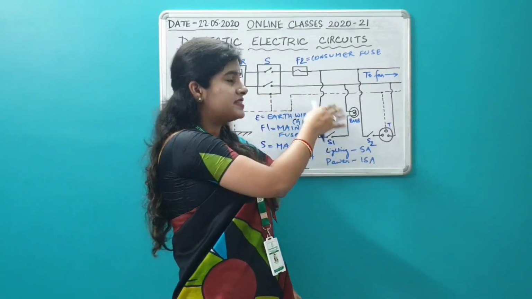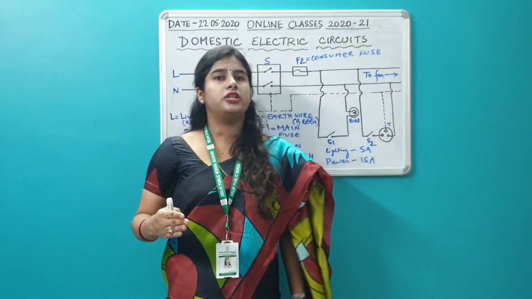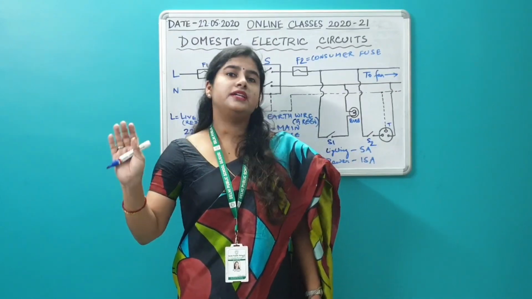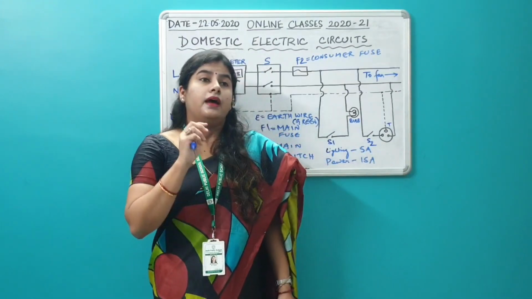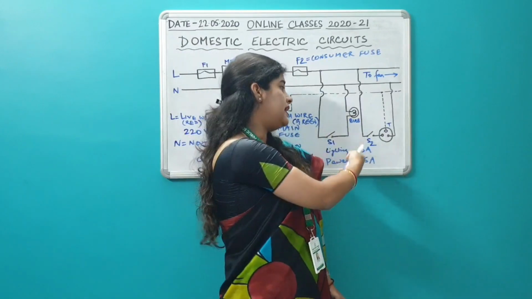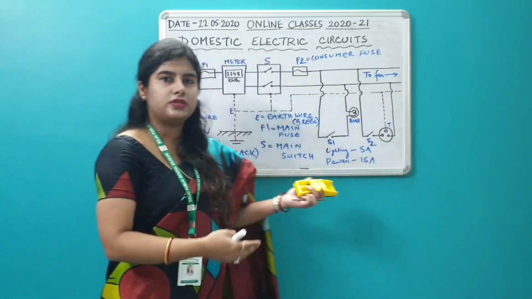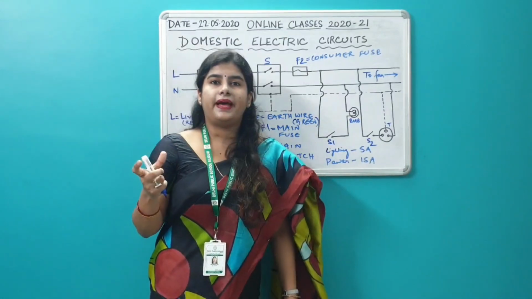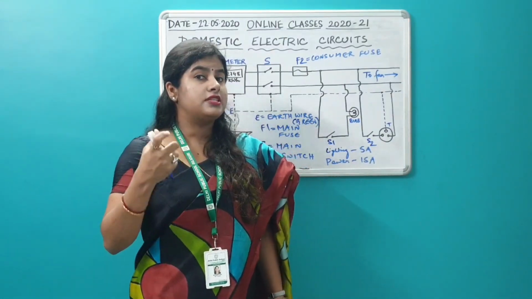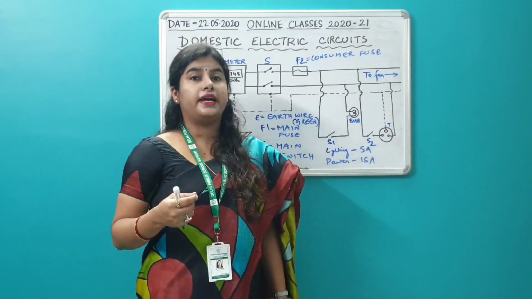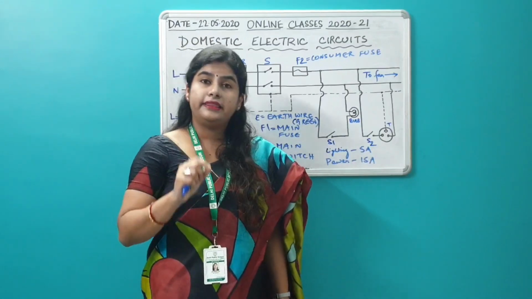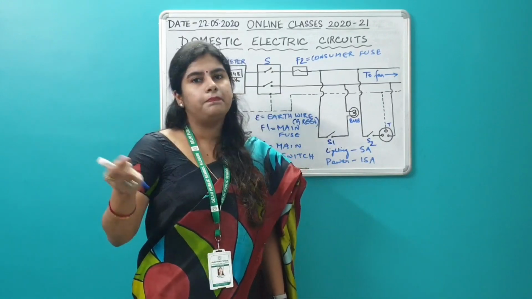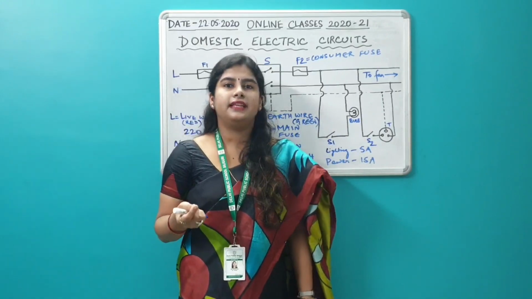Most of the appliances, in fact all the appliances, are actually connected in parallel, and each of them has separate switches. Apart from these different fuses that we have, those appliances which draw a huge amount of current, connected to the power circuit, individually have fuses present inside the appliance.